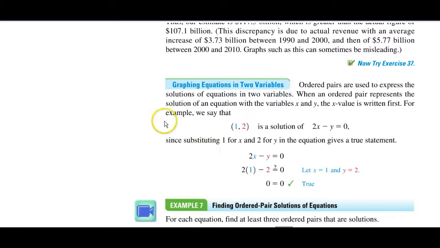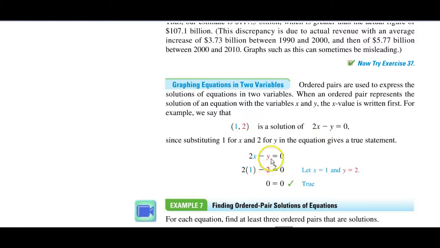In this next part, they're just giving you some of the basic background of graphing and checking to see, for instance, is this ordered pair a solution of this equation? So what you would do, this would be your x value, the 1. This is your y value, the 2.